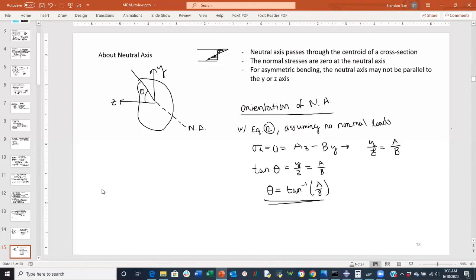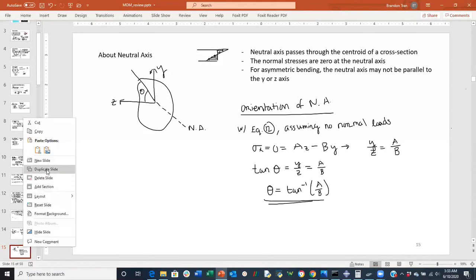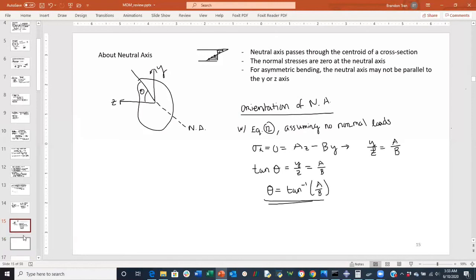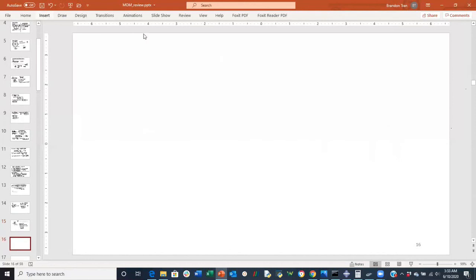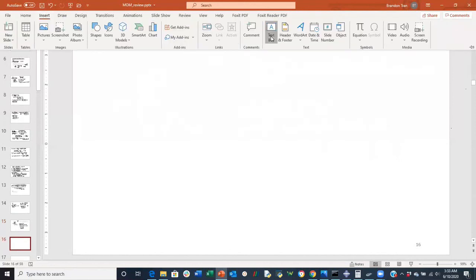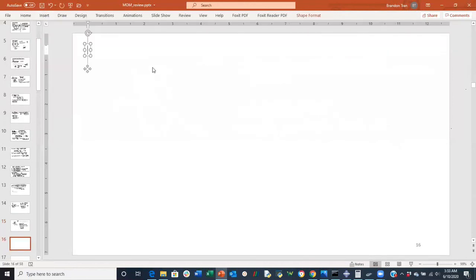Why it's important to find the orientation of the neutral axis is another important issue to talk about, because we need to find where the maximum normal stress is. Maximum normal stress for beams.